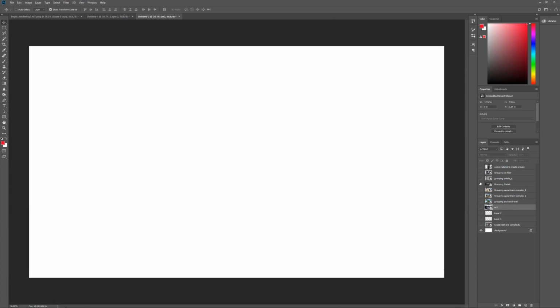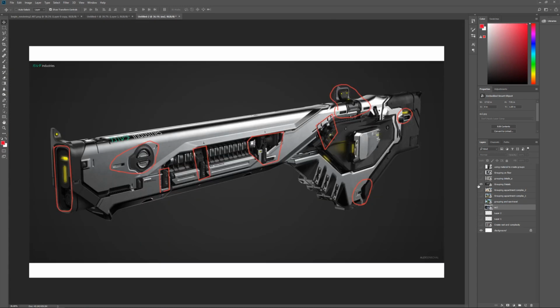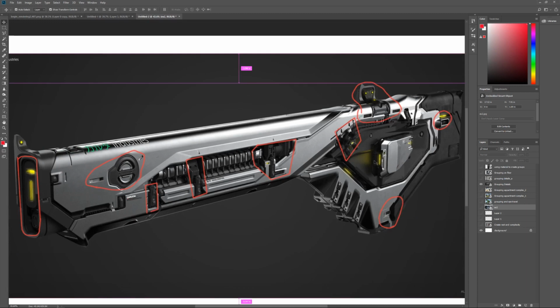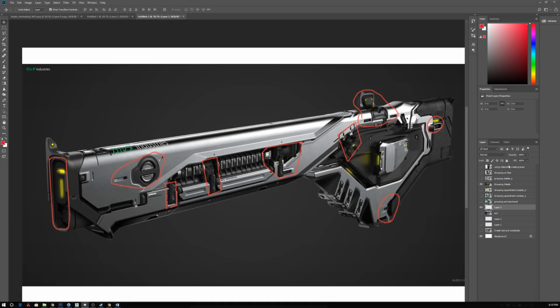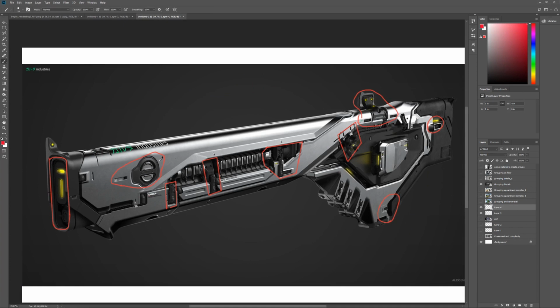Let's go to a different example and talk about sci-fi stuff again. So here's one of my designs, and one of the things that I do a lot in this design is I try and take areas that are very detailed and group them, as I've said repeatedly, because once we start doing that, we have these nice areas of rest.